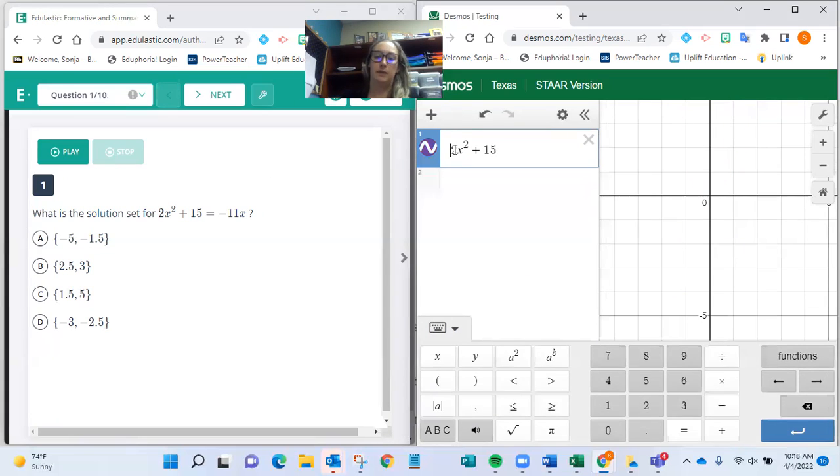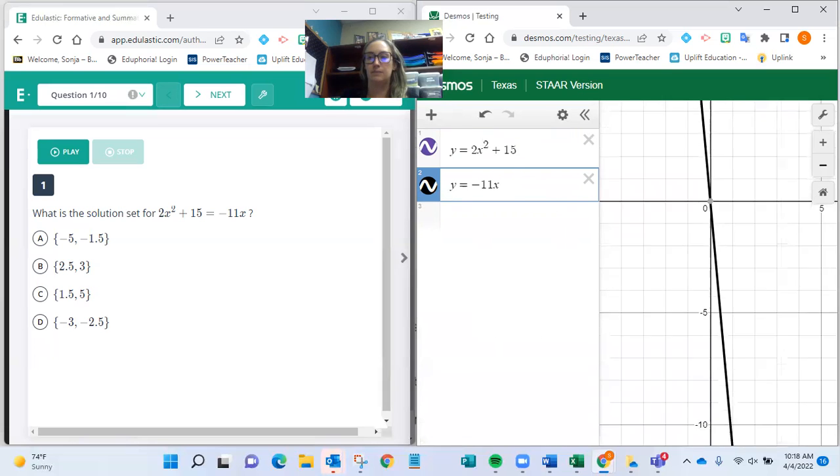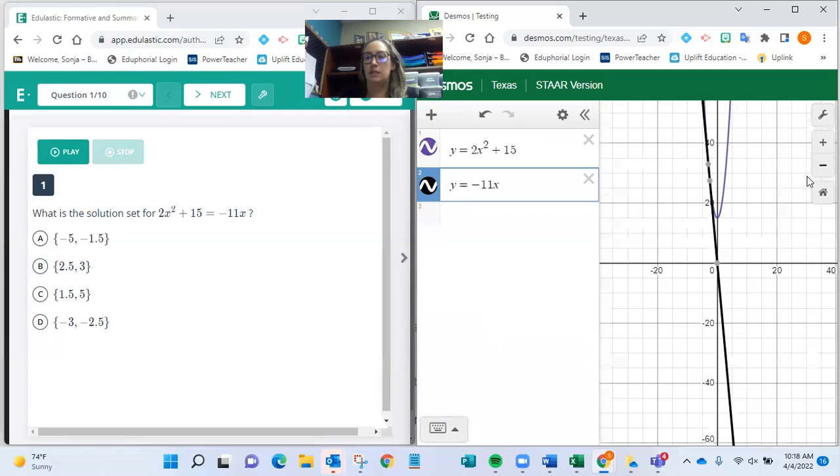And I'll just go ahead and use the best practice of doing y equals, mainly because if you have a solid number, it won't graph it for you. Y equals negative 11x. Okay, so I have both sides, the left-hand side, the right-hand side. And if you take a look, I actually see 2 gray dots, and there's always going to be 2 solutions for a quadratic.